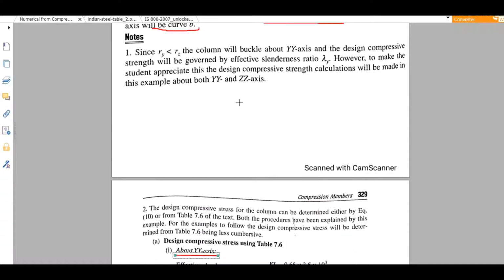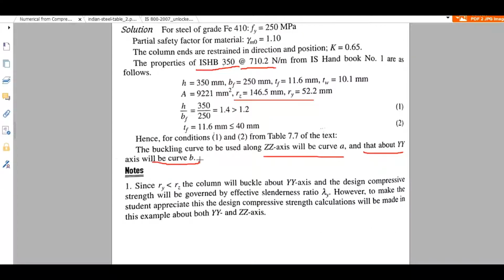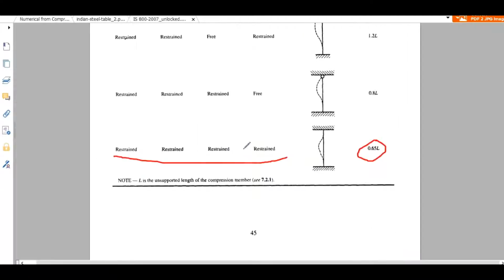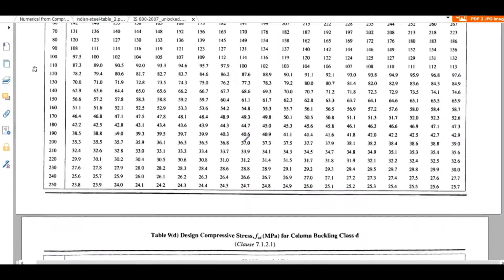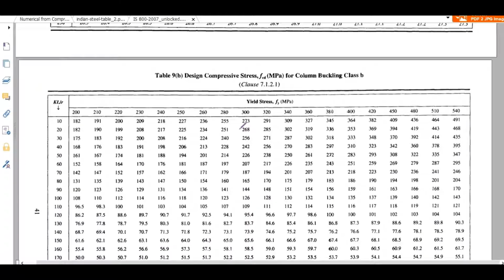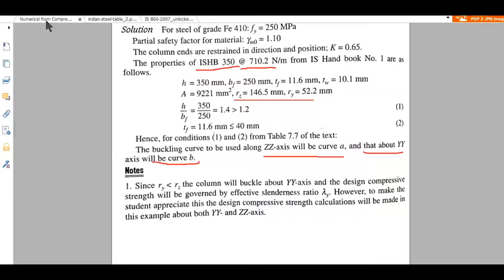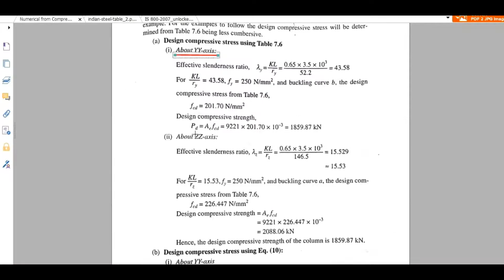So for the y axis the buckling curve will be B. So we have to go to Table 9, buckling curve B, right? Because for the y axis the buckling curve will be B. So we will go to Table 9B, and we have to find the fcd for this ratio and this strength.